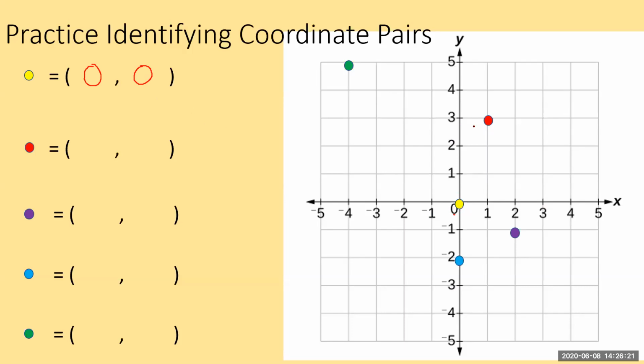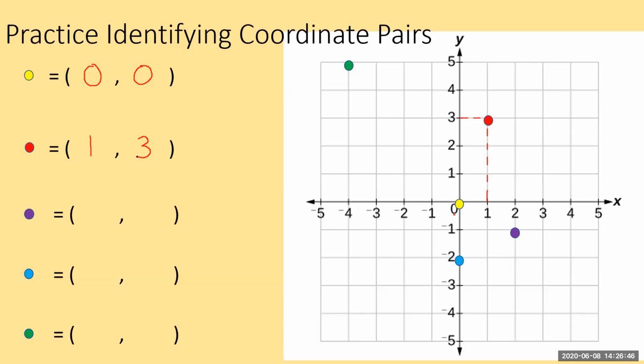All right, now on to the red point. This red point is lined up with 1 along the x-axis, so I'm going to put 1 for the x-coordinate. And it's lined up with 3 along the y-axis, so I'm going to put 3 for the y-coordinate.